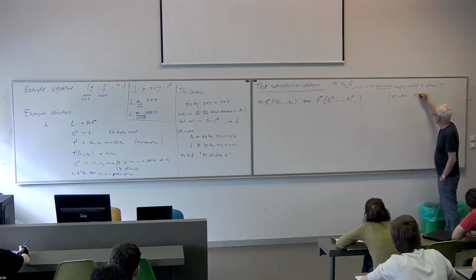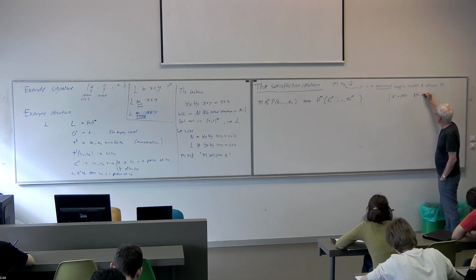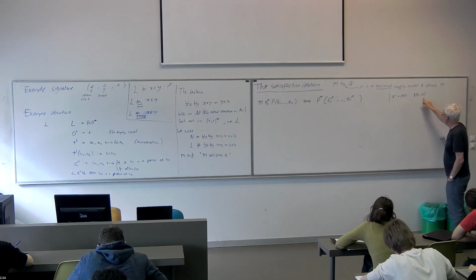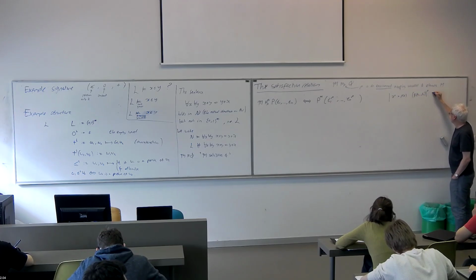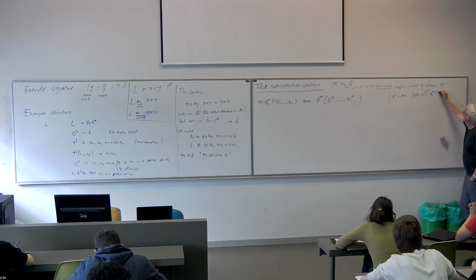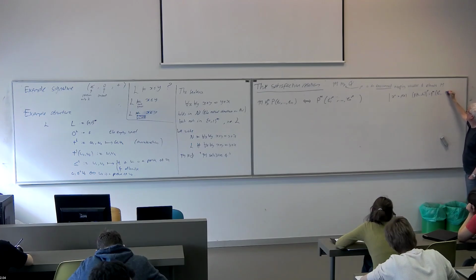And a function symbol applied to some terms is interpreted in the environment rho by taking the interpretation of the function symbol and recursively working out the values that the terms get assigned. Okay.